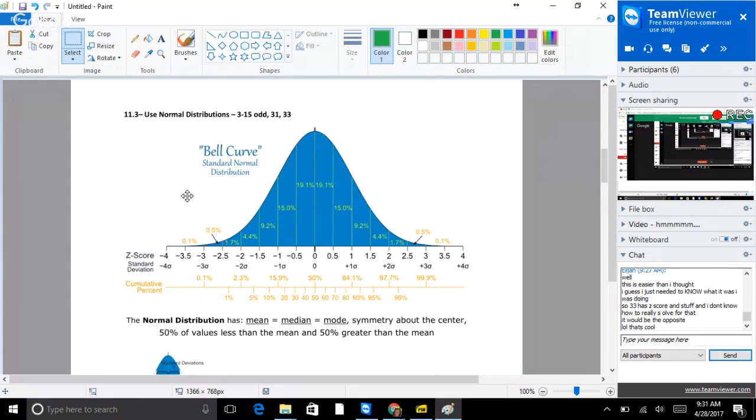The weights are normally distributed with a mean of 20 ounces and a standard deviation of 0.25 ounces. Okay. Find the z-scores for weights of 19.4 ounces and 20.4 ounces.